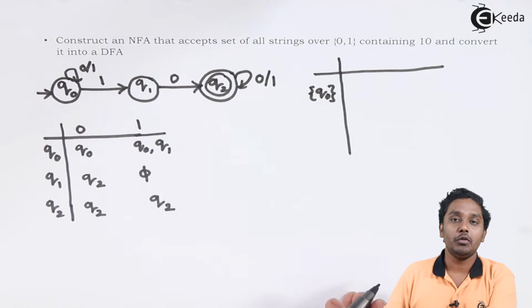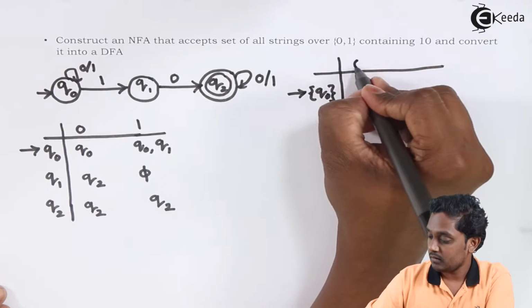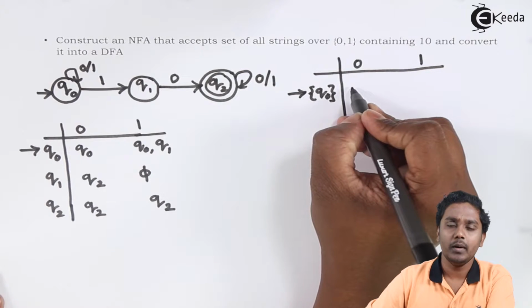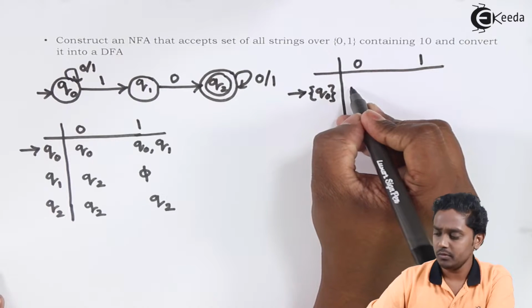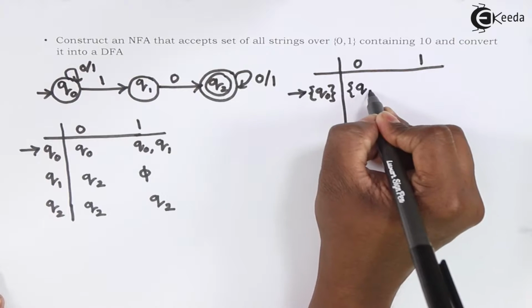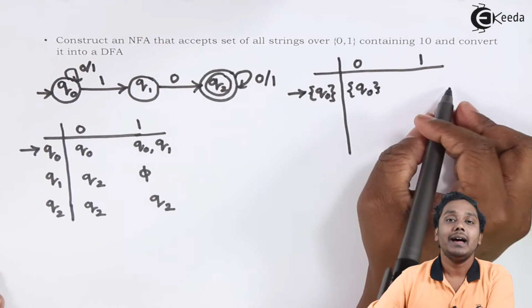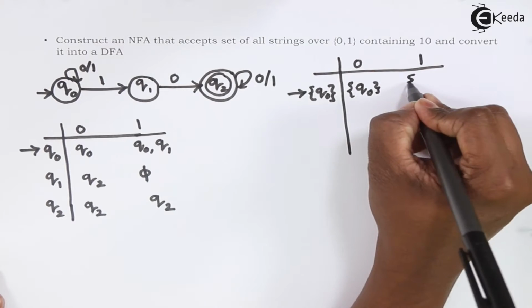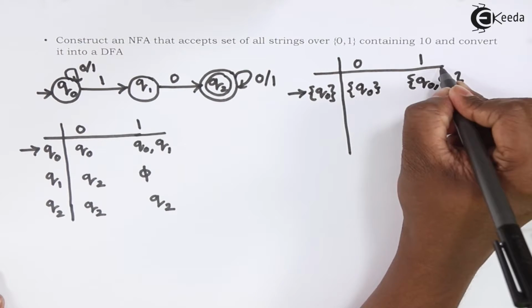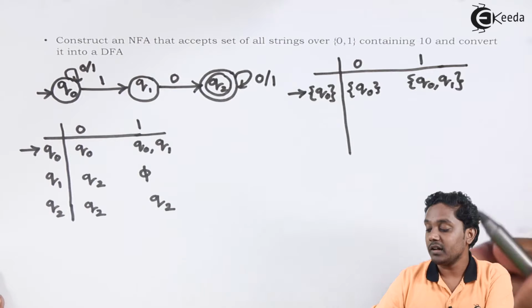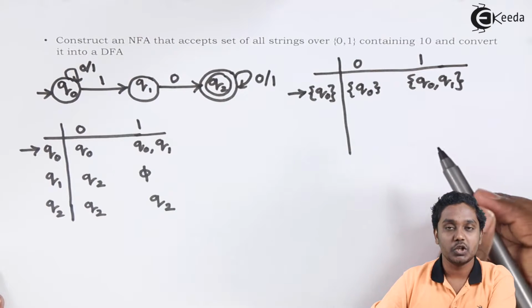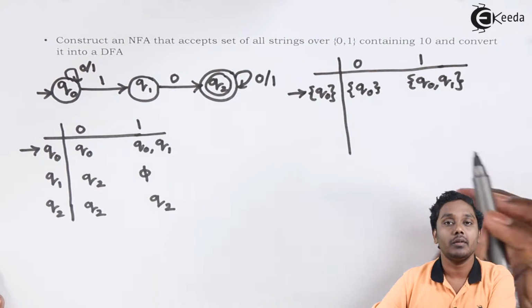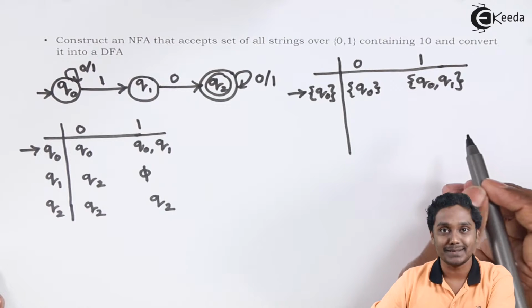We know that Q0 is the initial state. Q0 has a transition to Q0 on 0 and it has a transition to both Q0 and Q1 on 1. Now in the table we have seen a new state, Q0 combined with Q1. Now I will write the transition for this combined state.